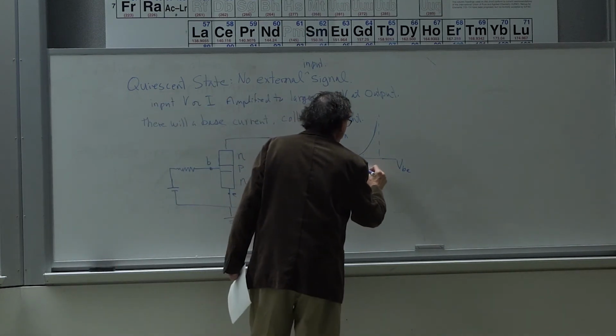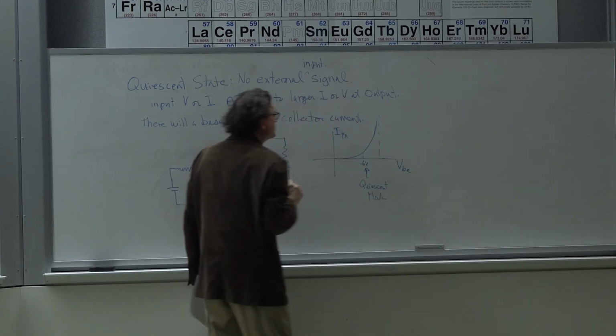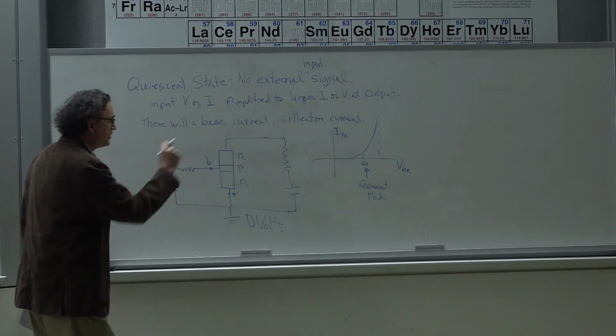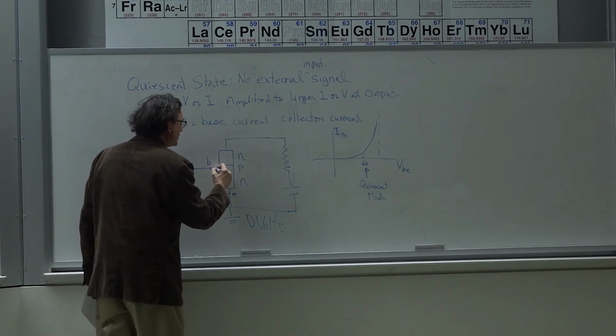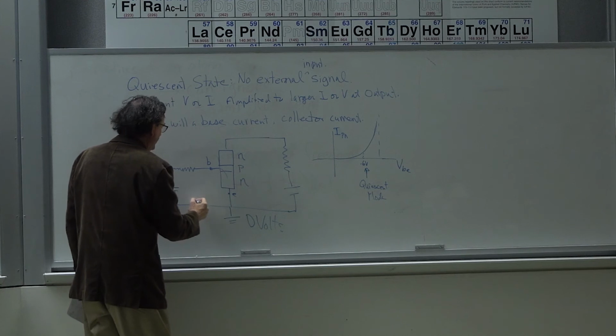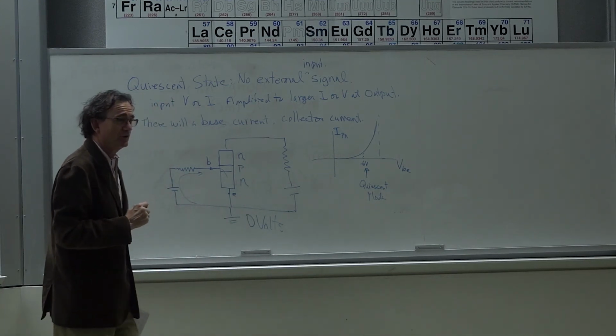So in quiescent mode, this part of the transistor, the diode portion, has some conduction through here, and we get some circulation of charge. Okay.